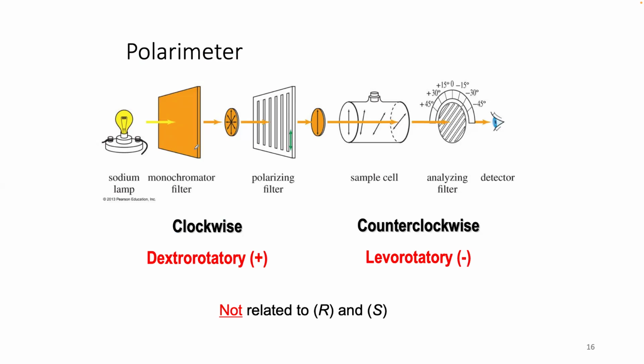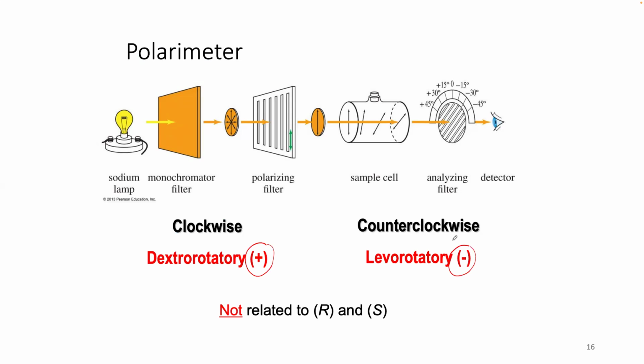I think I mentioned this specifically. If the light gets rotated in the clockwise direction, it's called plus. Anti-clockwise is minus. And this is not related to the R and S system.